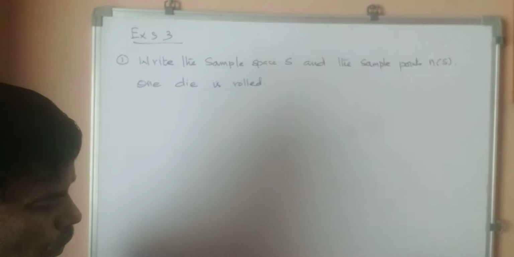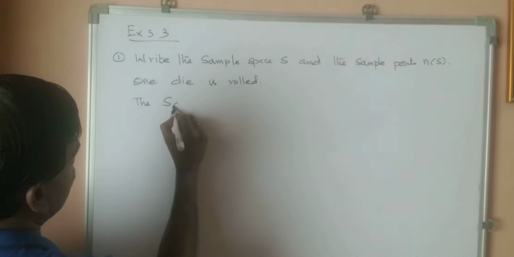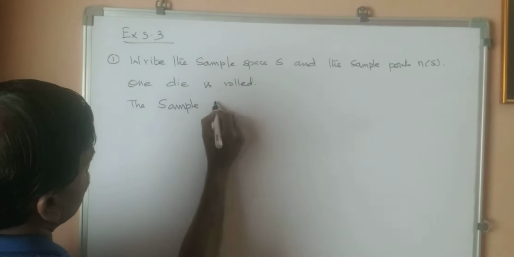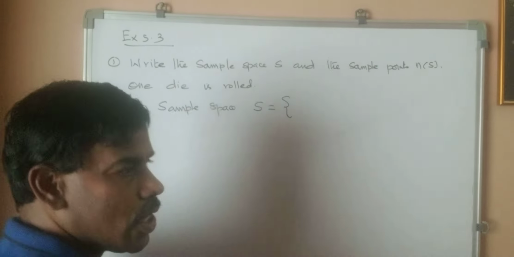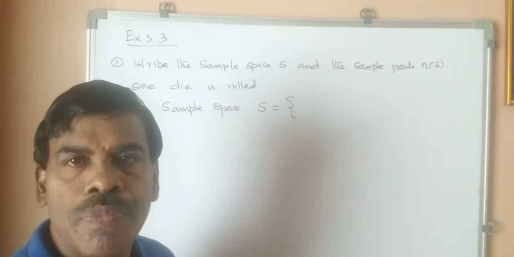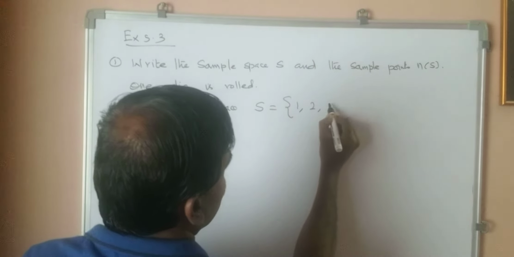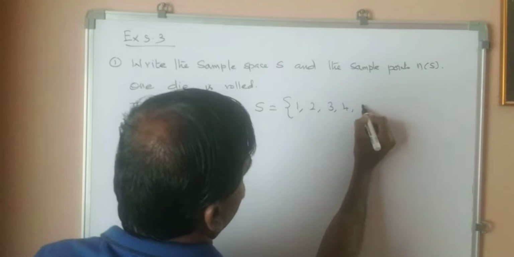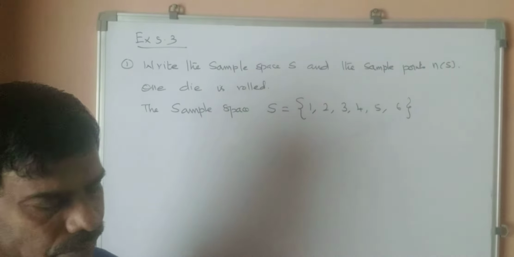Okay. Therefore, the sample space S equal to, this is set notation only, it is a set. What are the possibilities? It may come 1, it may be 2, it may be 3, it may be 4, it may be 5, it may be 6.